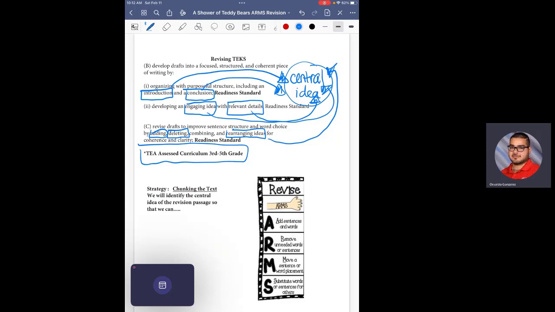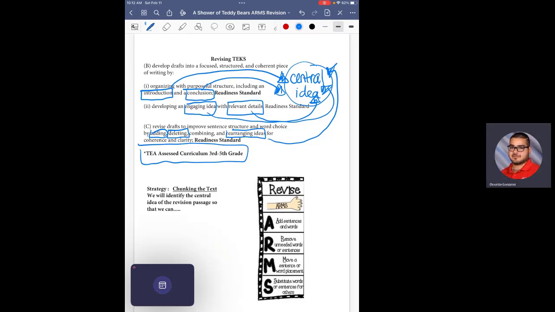So you're chunking the passage into paragraphs, and you're getting the central idea of each paragraph, and then at the end you're going to add all those ideas together, and that'll be your central idea. And so our objective today is we're going to identify the central idea of the revision passage so that we can organize with purposeful structure, including introduction and conclusion.